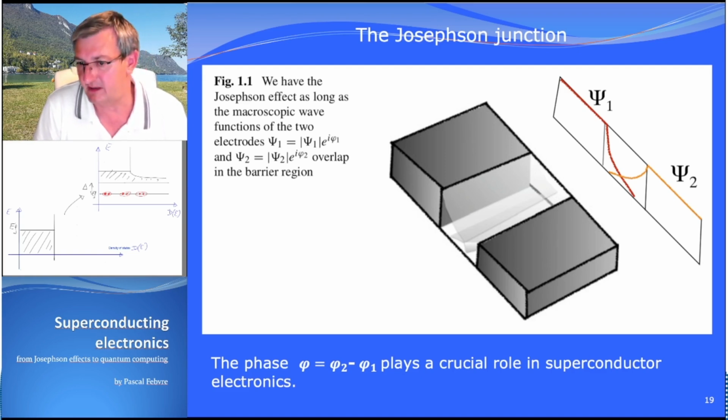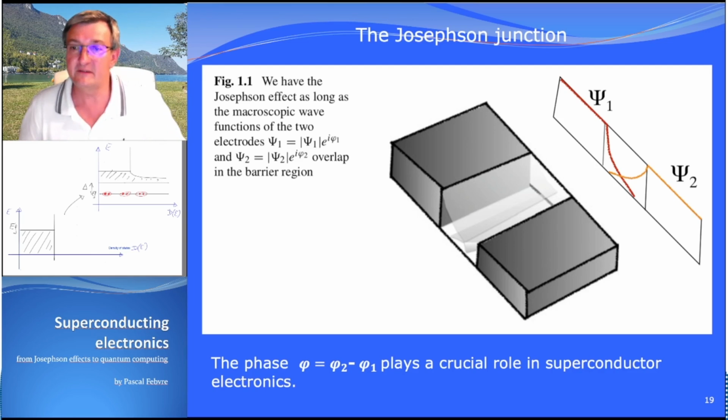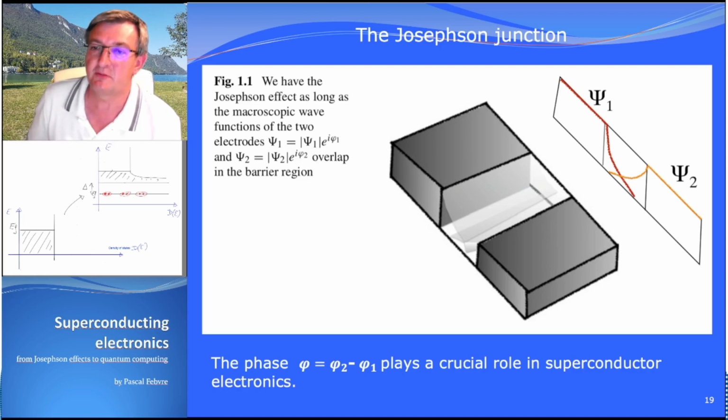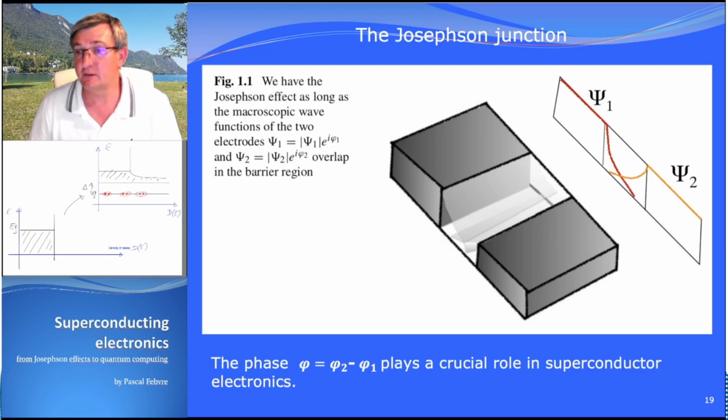Even if phenomena associated to quantum physics are of microscopic origin, the quantum features can be macroscopic. So here we have two quantum objects. Each of them can be represented by a wave function, which has an amplitude, right, and a phase.